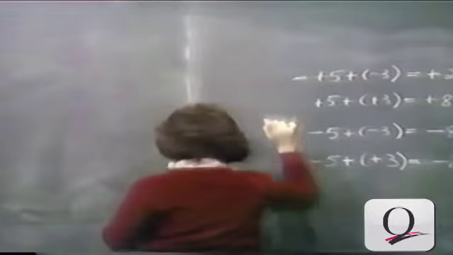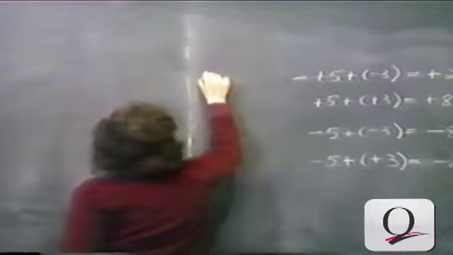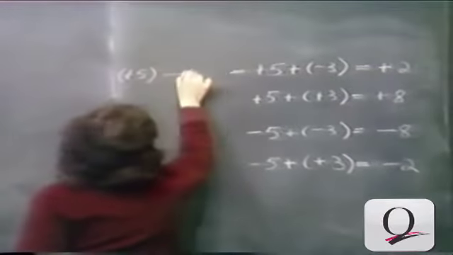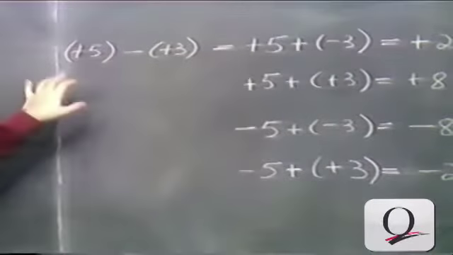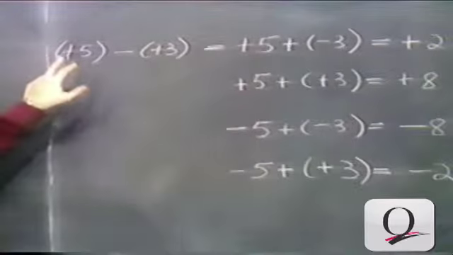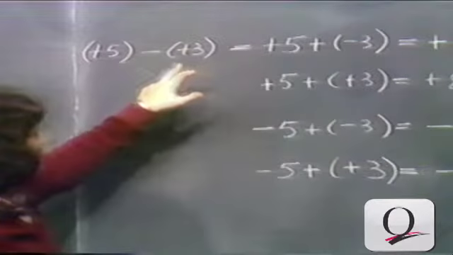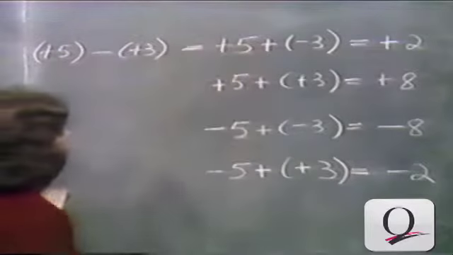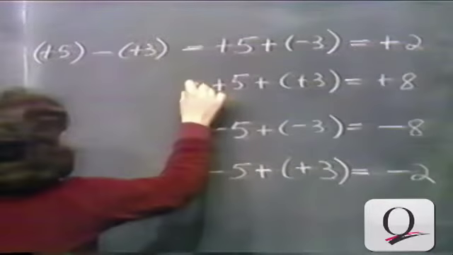The first problem, plus 5, take away a plus 3, gave us an answer of plus 2. Since the answer to this addition problem was also plus 2, let's put these two things equal to each other.